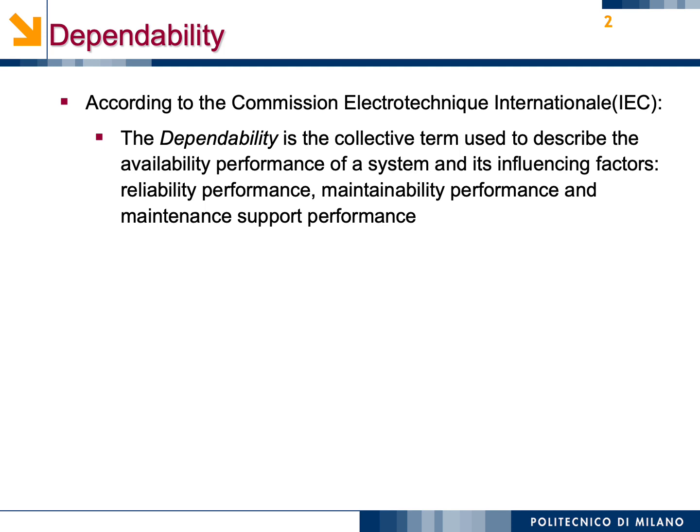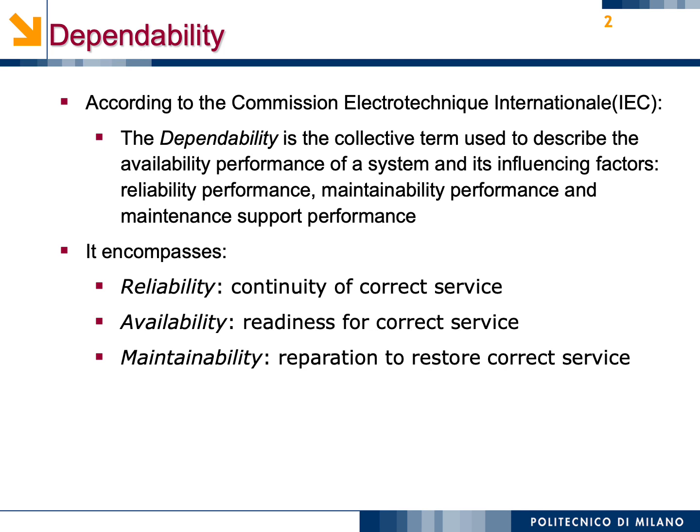Dependability is a general term that includes different properties which are expected from a system. In particular, in this course, we are interested mainly in the concept of reliability, which is the continuity of a correct service, availability, that is the readiness for providing the service, and maintainability, that is related to the reparability of a service.